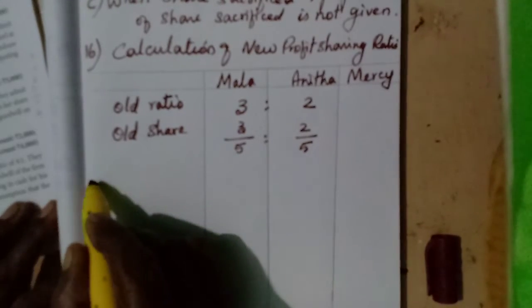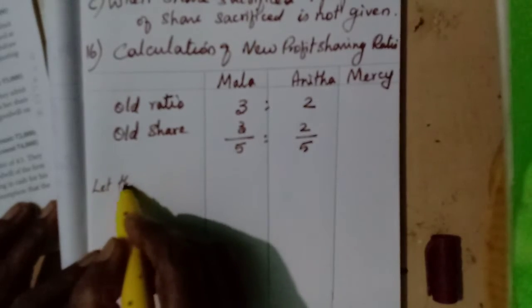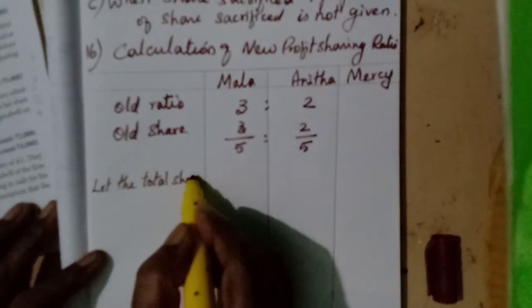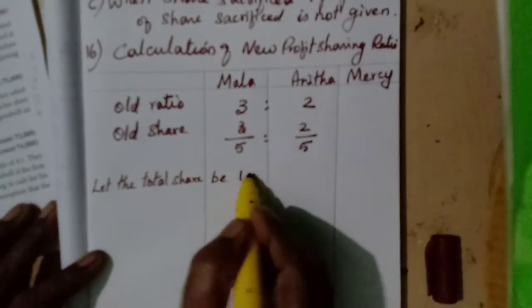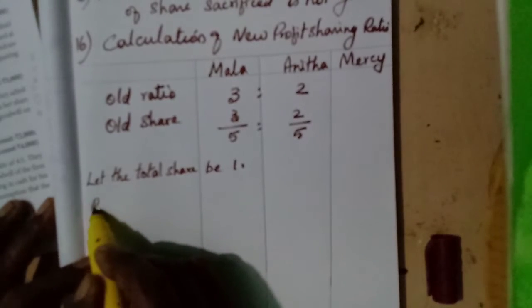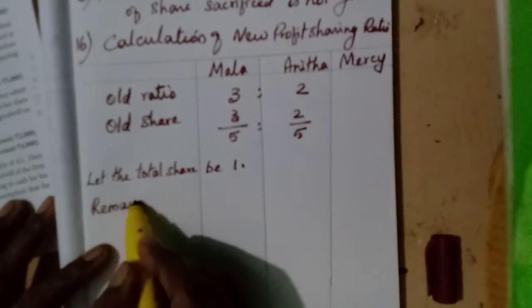Now we should write, let the total share be 1. Okay. Remaining share. We need to calculate the remaining share.